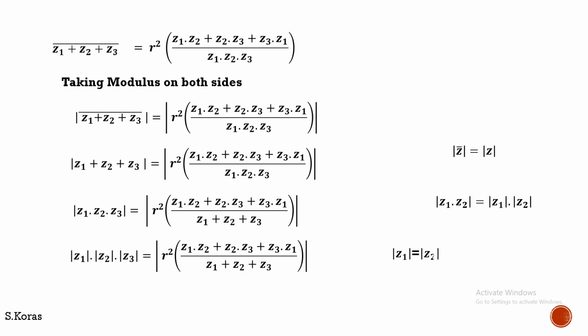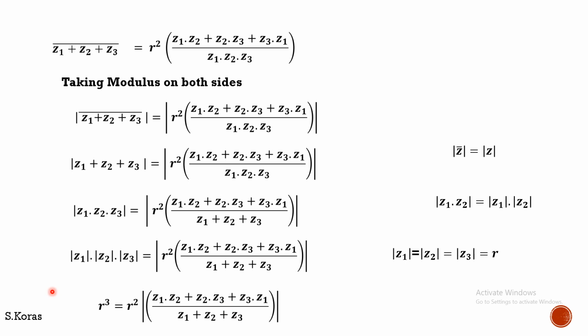So we are going to apply that. If you apply it, your answer will be r into r into r, because modulus of z1 equals modulus of z2 equals modulus of z3 equals r. So r into r into r becomes r cube, and we have taken r square outside the modulus. You know that if you take a constant outside of the modulus, it will not change. The constant will come out of the modulus, and if it is positive, the same thing will repeat here.